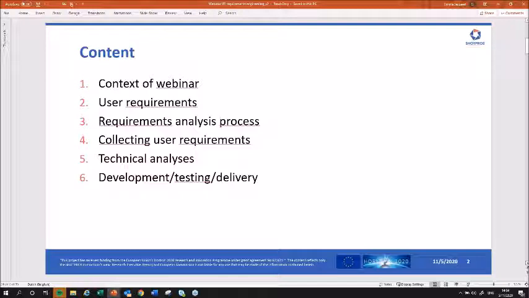And then in the end, Nick will take over, and as he's an expert from the developer's perspective, he will go into more detail about the steps that they take together with the users to complete the system and to deliver a final product. Okay, next slide.